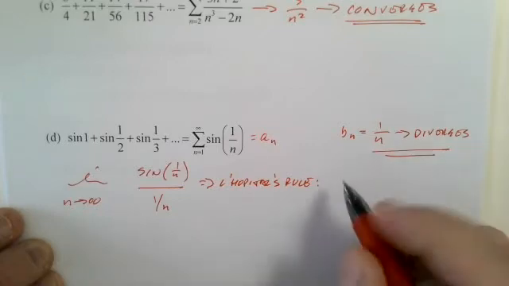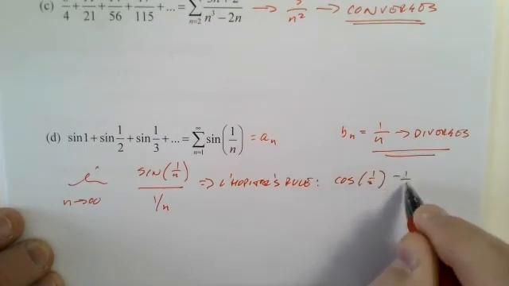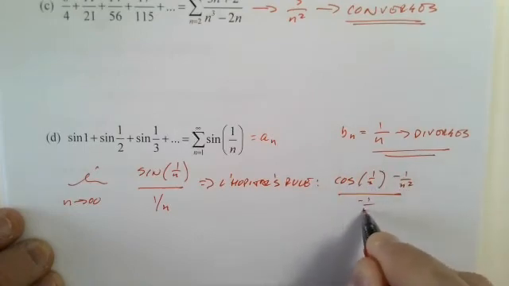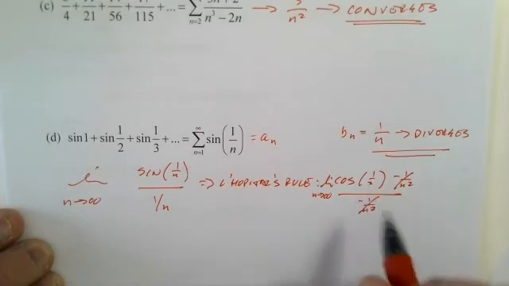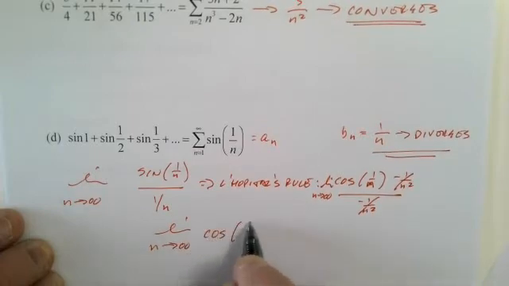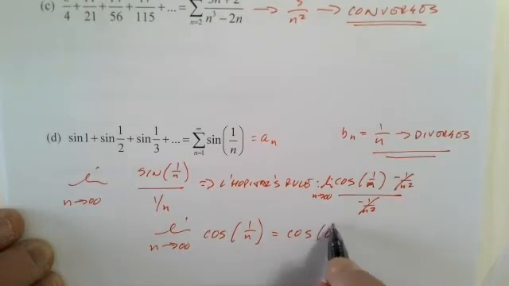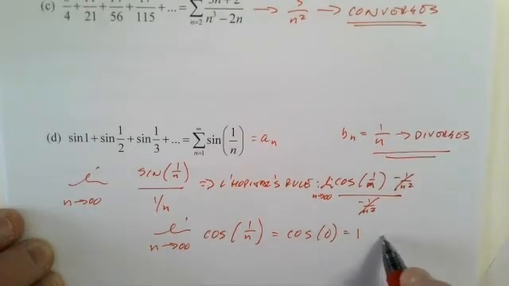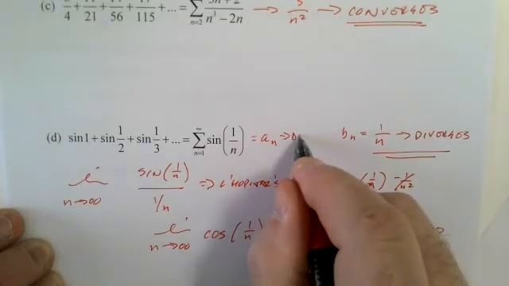That's horrible. Cosine of 1 over n times negative 1 over n squared, over negative 1 over n squared, limit as n goes to infinity. Cosine of 1 over n, cosine of 0 equals 1. 0 less than 1 less than infinity. Yay. Diverges.